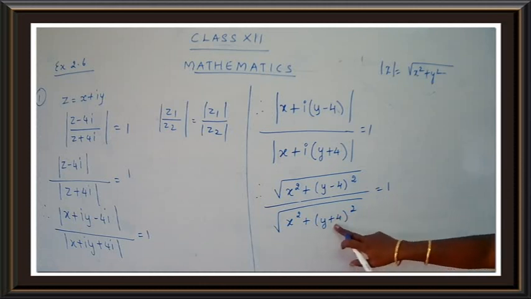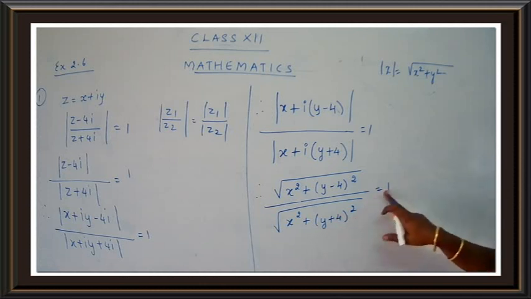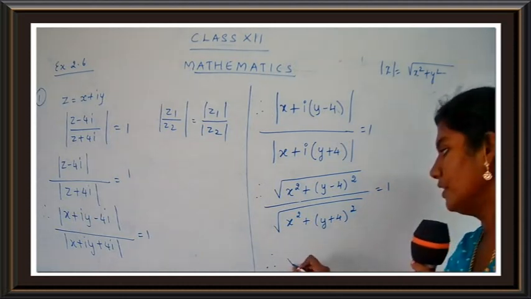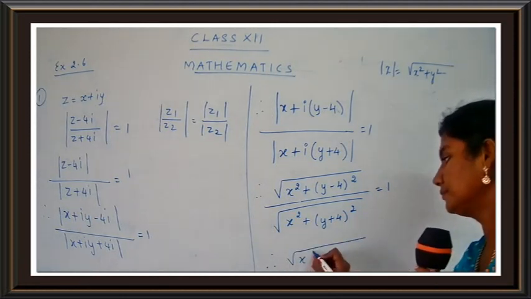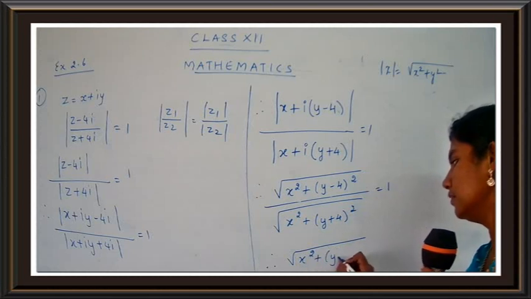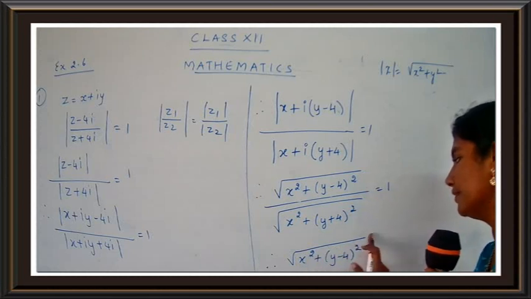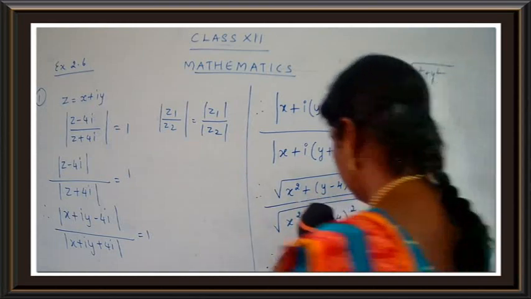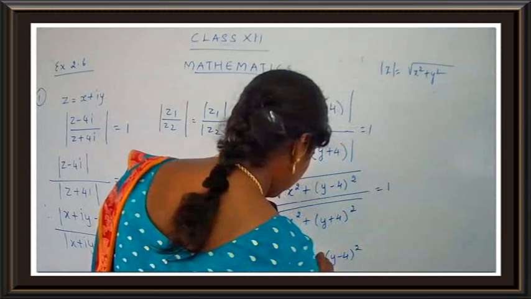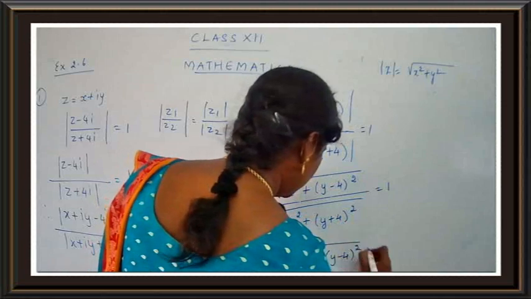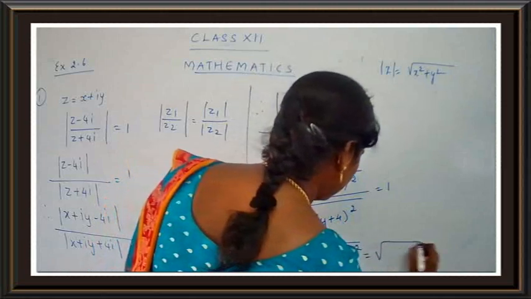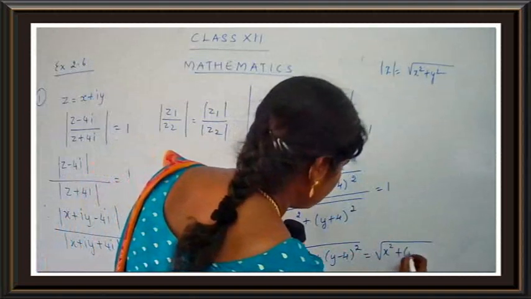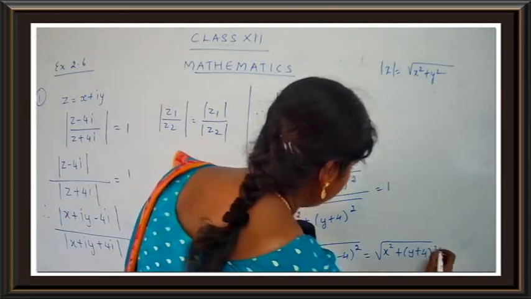So next you are going to take the denominator to this side. So 1 into the denominator, the same number. So you get x square plus y minus 4 the whole square is equal to x square plus y plus 4 the whole square.